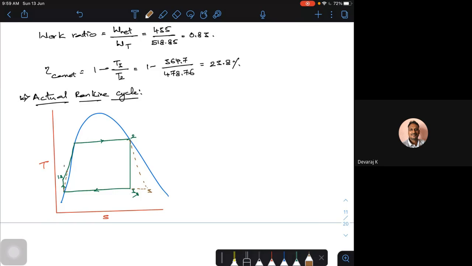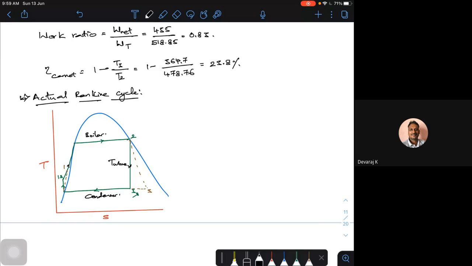So I am doing more work in the pump and less work in the turbine. This is for the condenser and this is for the boiler, and here I have the turbine in the form of an expansion. So this is a simple TS diagram for it.